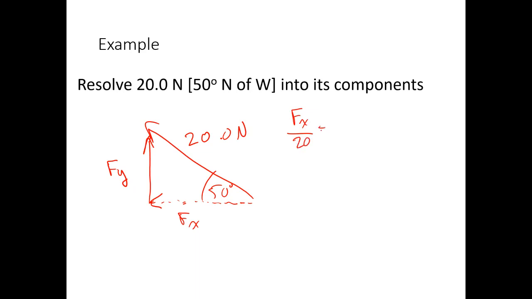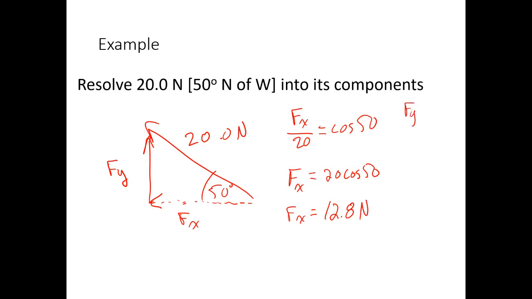Okay, if we do Fx over 20, that is adjacent over hypotenuse, which is equal to our cosine ratio. We multiply both sides by 20. We can find that our force in the x direction here is 12.8 newtons.